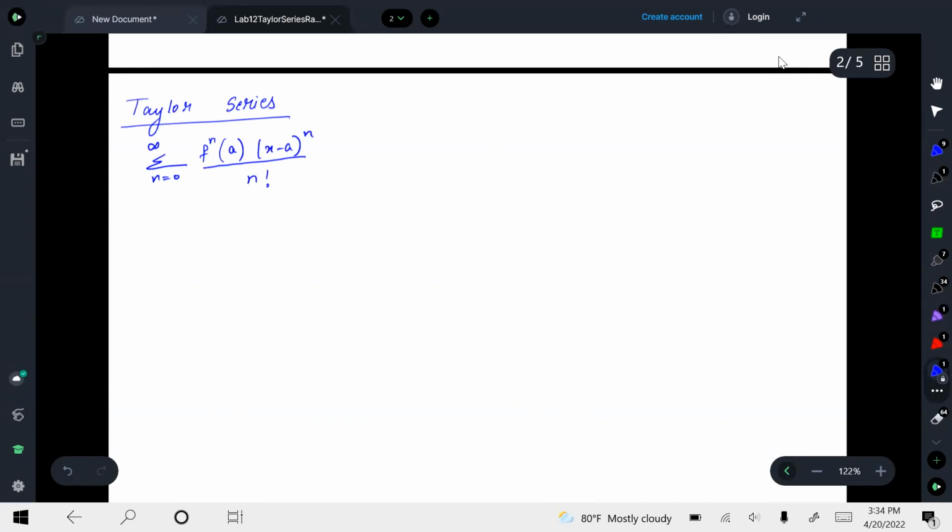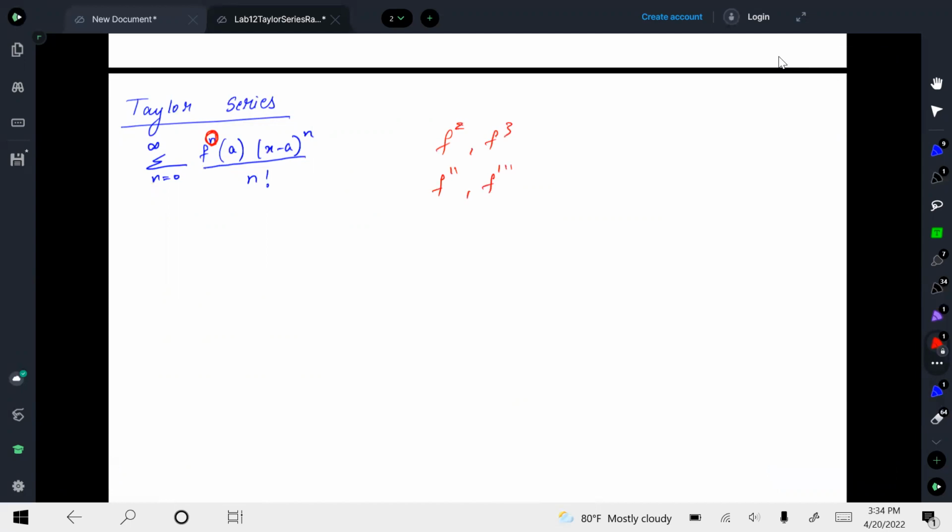So here this n, which is f to the power of n, is not actually like f square or f cube. It is actually f double prime, f triple prime, like this. That is the number of times you are differentiating the function. Do not get confused with the symbol there.